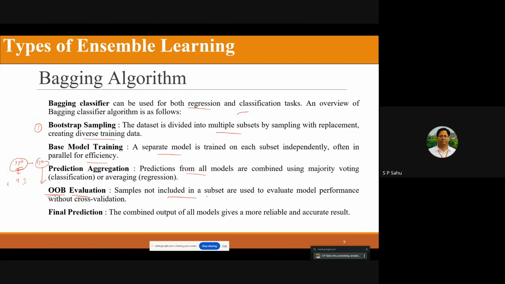Samples that are not included in a subset are used to evaluate model performance without cross validation. And in the final prediction, the combined output of all models gives a more reliable and accurate performance. So this is all about a simple approach. You can explore the different bagging algorithms more specifically in your literature part as well.